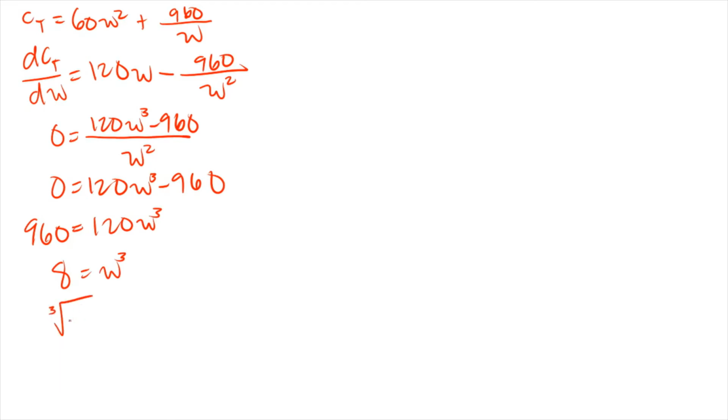So cube root of both sides. So we'll get W equal to 2. And the unit is feet. So this is now the width of the box.